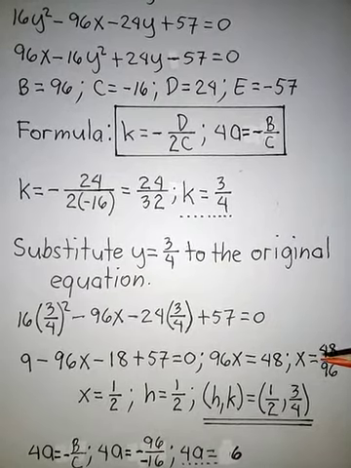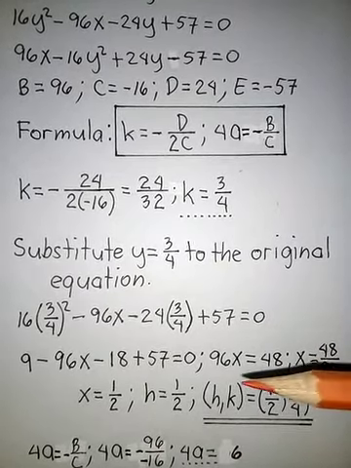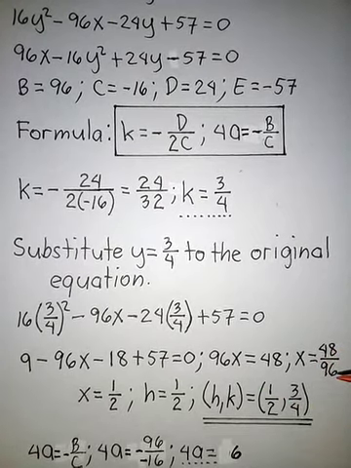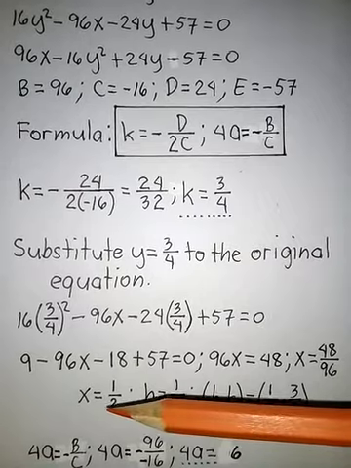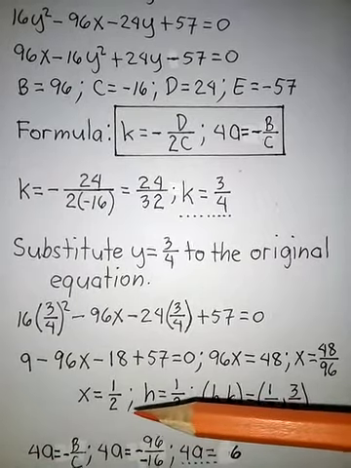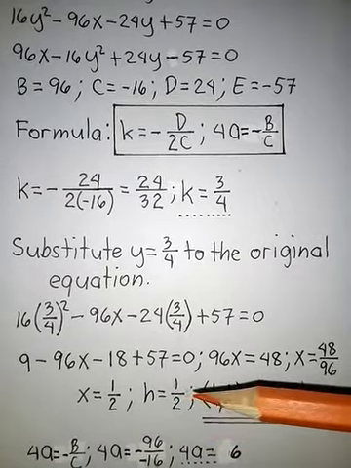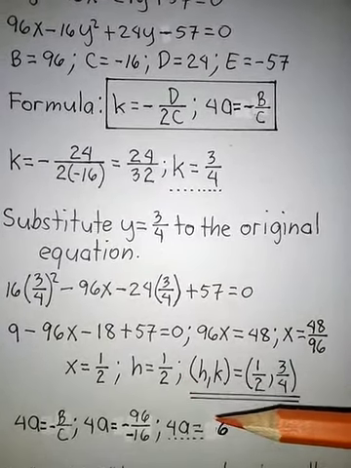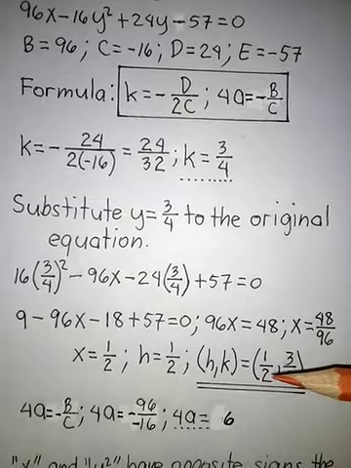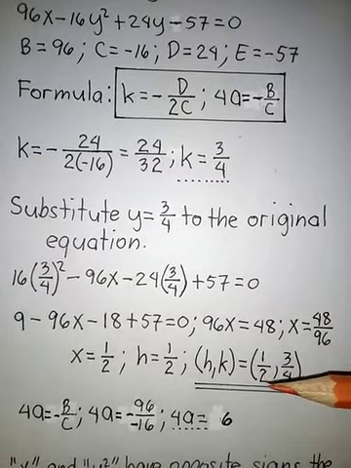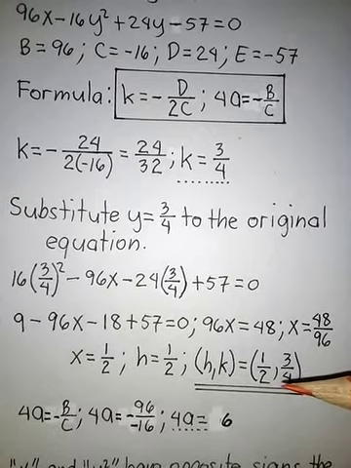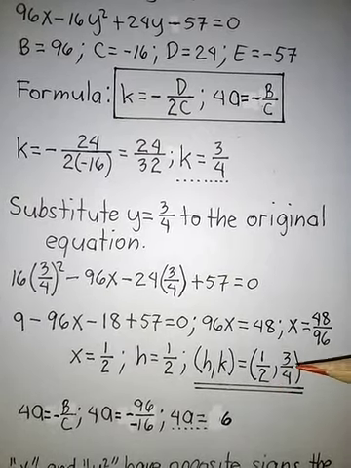So, we will have x is equal to 48 over 96, and we will get the value of x to be 1/2. And that will also be the value of h. H is equal to 1/2. So, now, we have the vertex of the parabola. So, the vertex is 1/2 and 3/4.